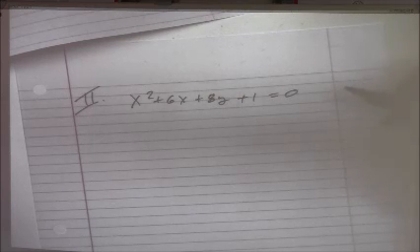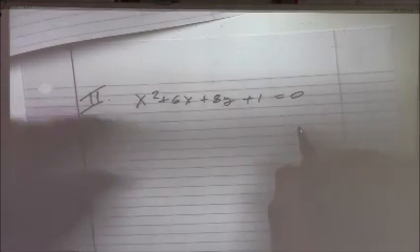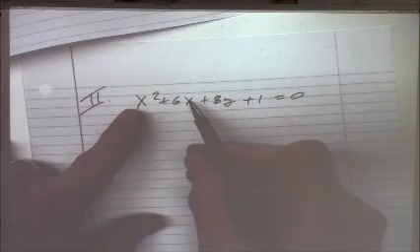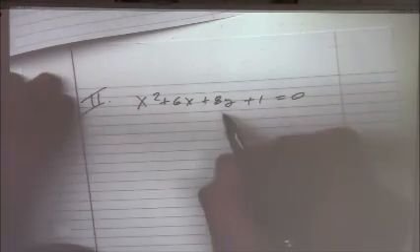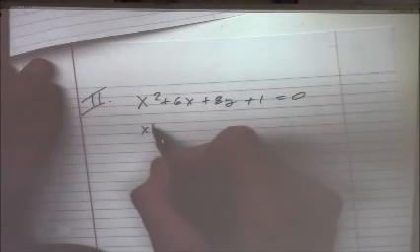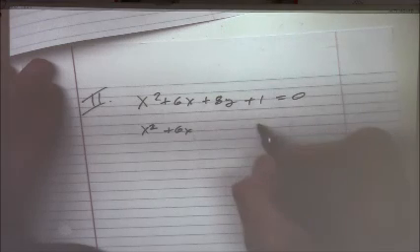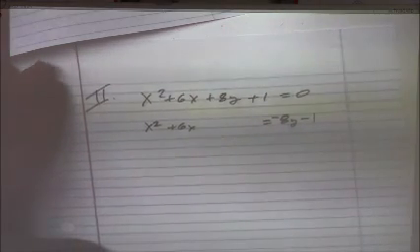So let's do it that way. Right, so that doesn't mean that much different for some of it. We're going to still have to complete the square, but all of this is going to go on the other side. So what we'll do is we'll take 8y plus 1 and move it to this side. So x squared plus 6x equals negative 8y minus 1.